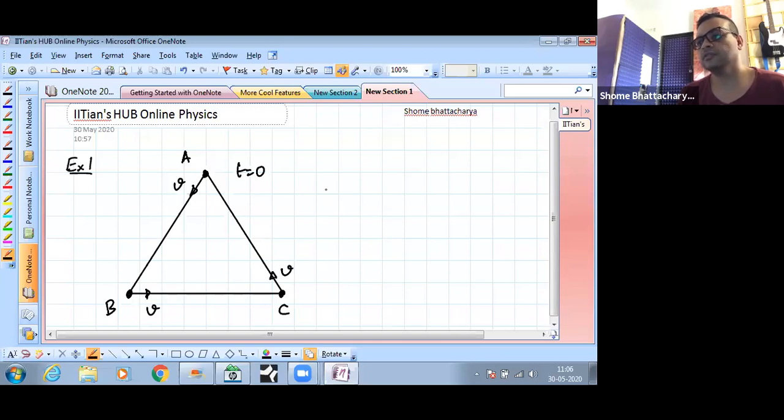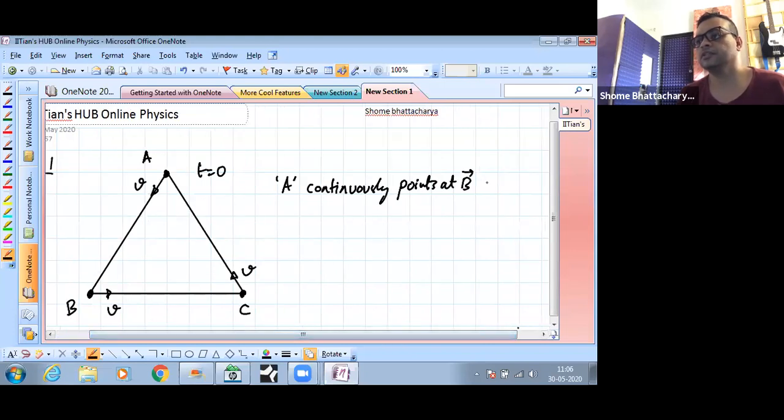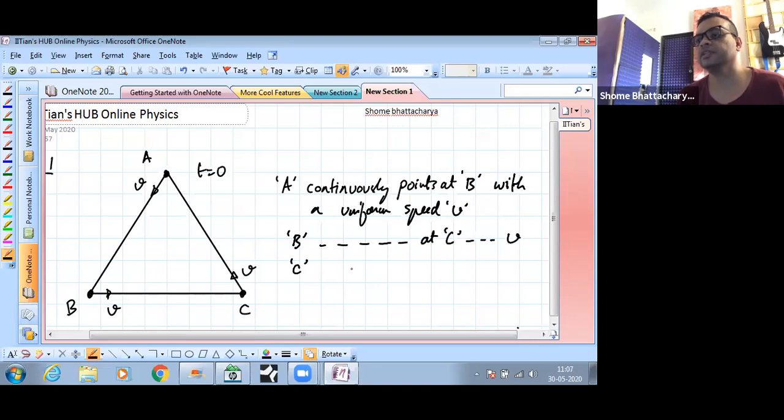All three have, so A continuously points at the particle B with a uniform speed of V. And similarly, B continuously points at C with a uniform speed V, and C continuously points at A with a uniform speed V.